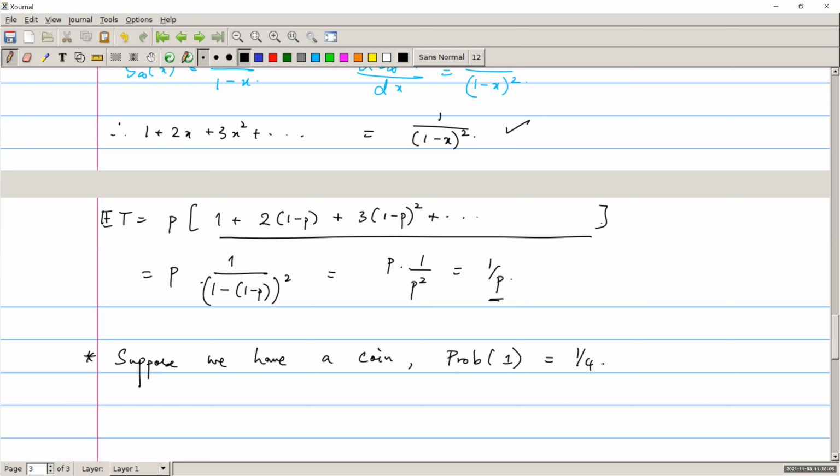Okay, and this tells you that on an average you have to flip it 4 times. Intuitively it makes a lot of sense, right? So if you have an event with probability p, on an average you have to wait 1 over p trials before you see the event for the first time.